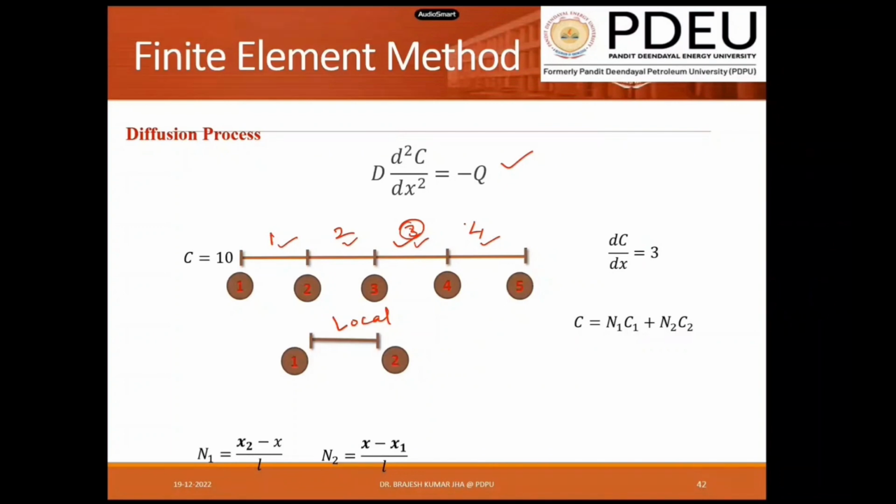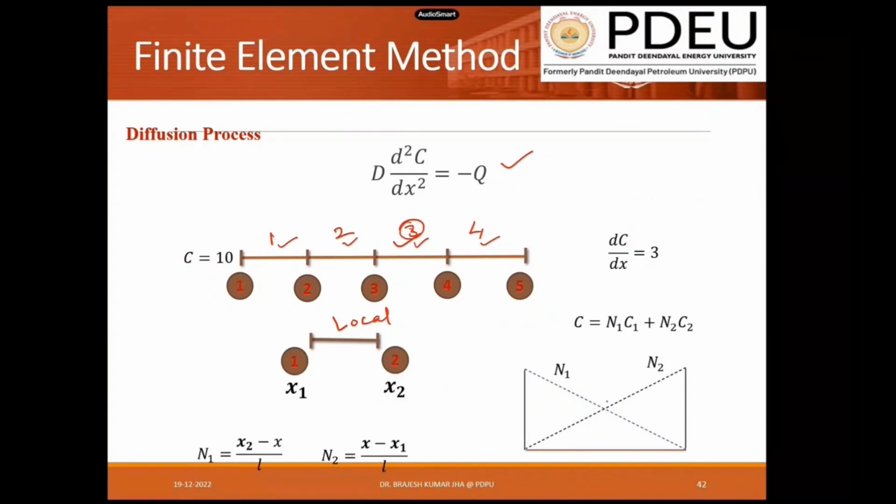Now, after defining this, we define the interpolation function. The node information x1, x2 can be defined accordingly. The interpolation function that we define here is N1 c1 plus N2 c2.